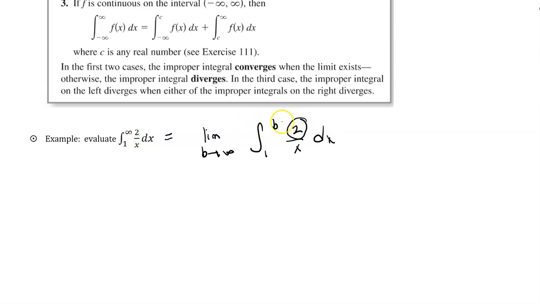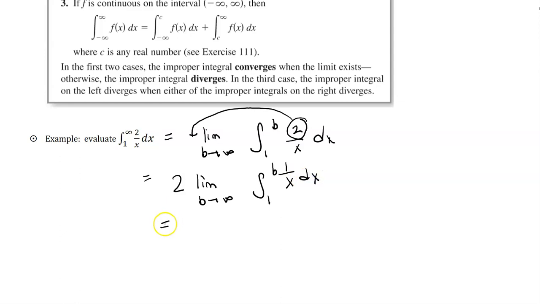I'm going to skip over the integral and bring it all the way out to the limit because there's no problem with that. I'll have the integral from 1 to b of 1 over x dx, which we know is the natural log of the absolute value of x, from x equals 1 to x equals b.